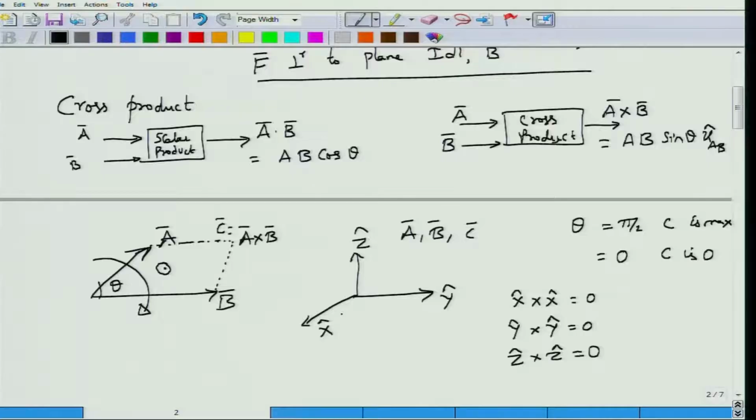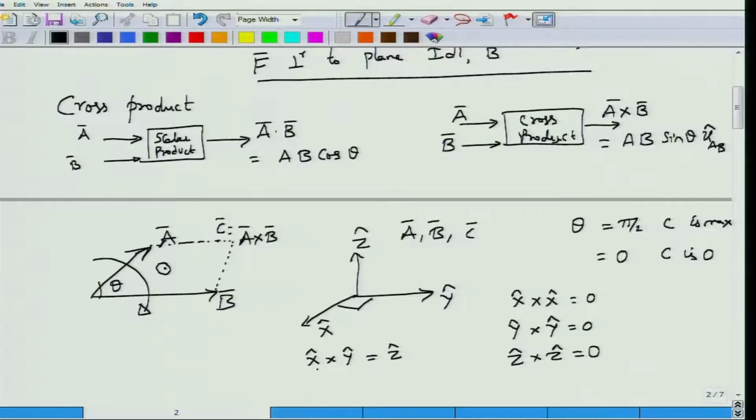However, if you take A vector as x and B vector as y, then cross product of x and y will actually point in the direction of z, and because the angle between these two is 90 degrees, sin theta will be equal to 1 and the magnitude of x and y is also equal to 1. Therefore, x cross y is equal to z hat, that is a vector in the z direction or the unit vector z.